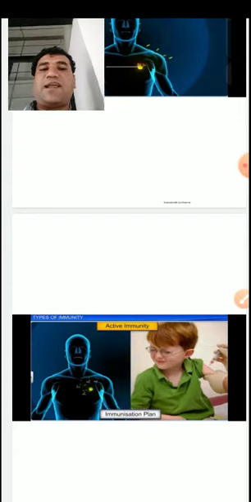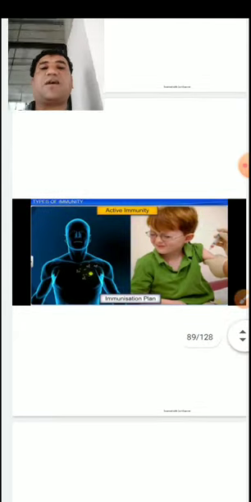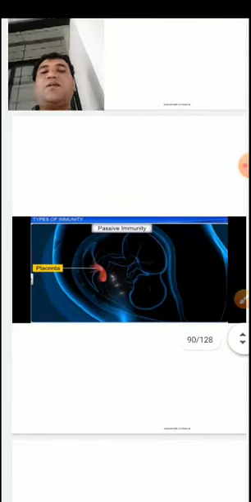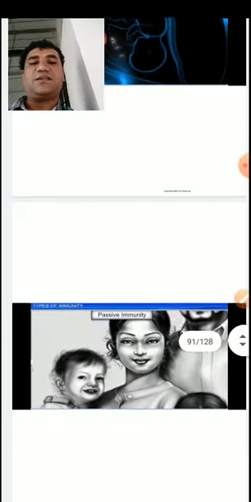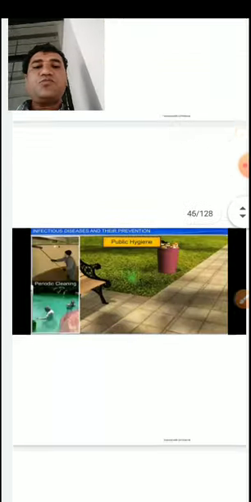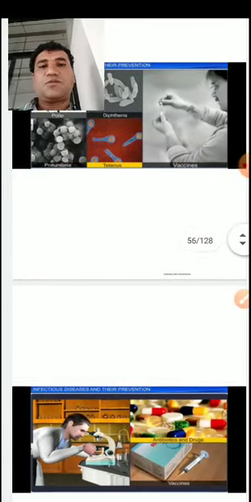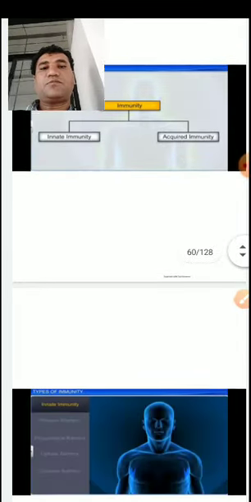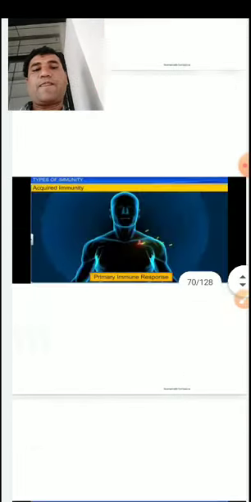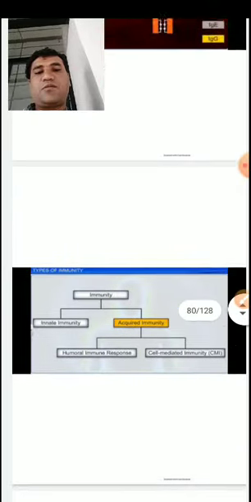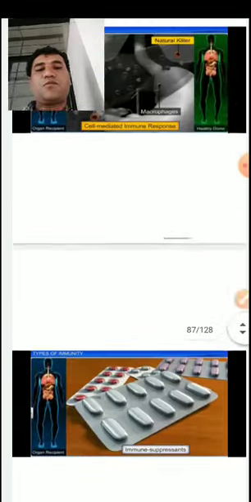Now coming to active immunity. The immunization plan is based on active immunity, and immunity is also acquired from the mother to the baby through the placenta. So immunity can be innate, acquired, active, and passive.